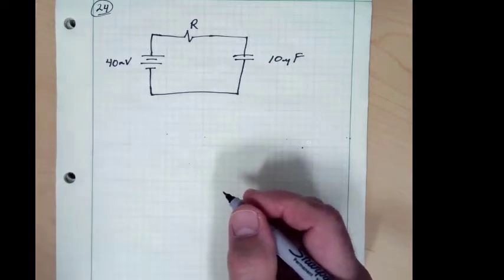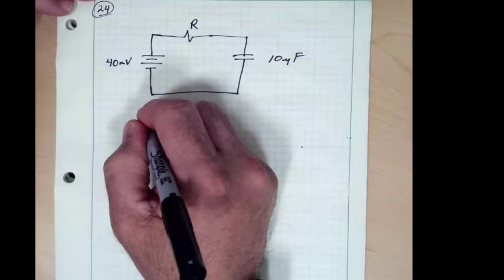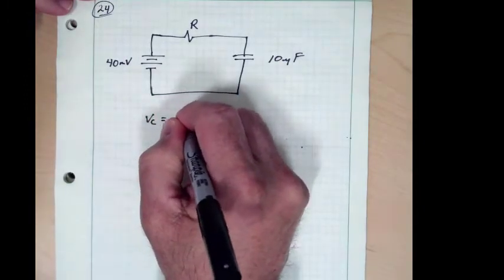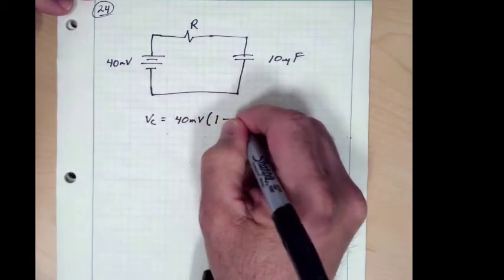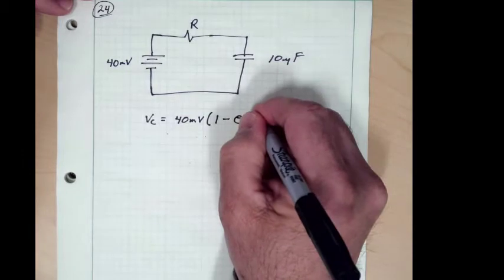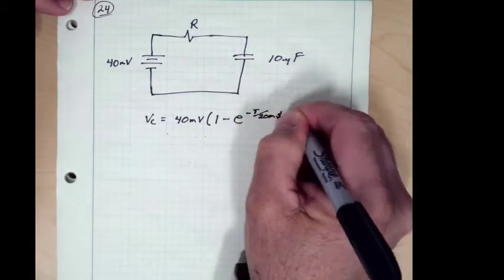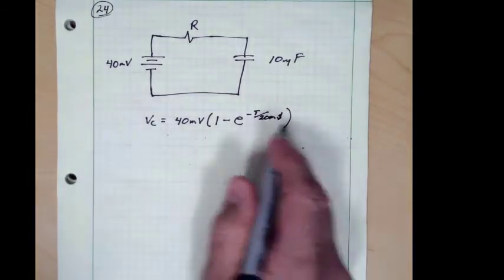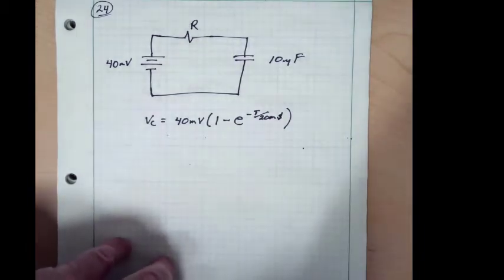And let's see, we're given an equation for the voltage where V sub C is equal to 40 millivolts times 1 minus e to the minus t over 20 milliseconds.